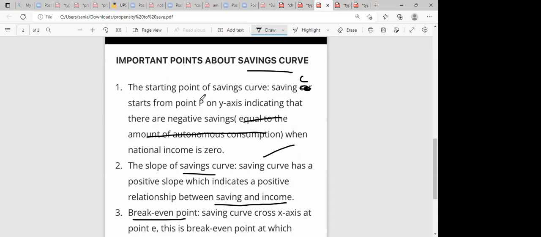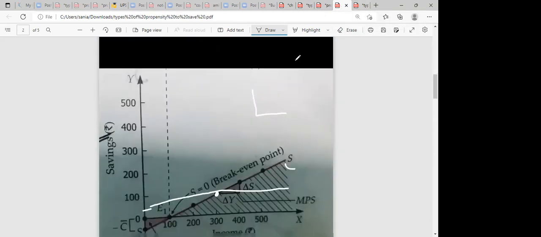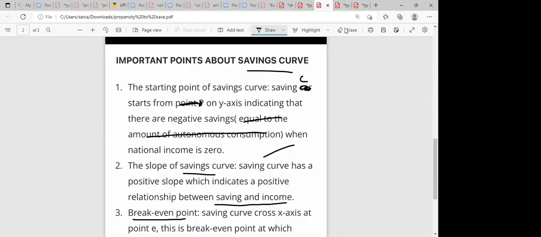Just don't write point P, you can write any name, P, Q, R, whatever you feel like. Your saving curve is starting from the point P on the y-axis, indicating that there are negative savings.